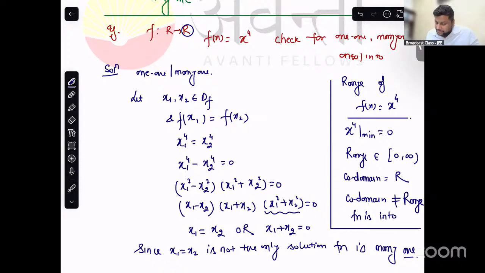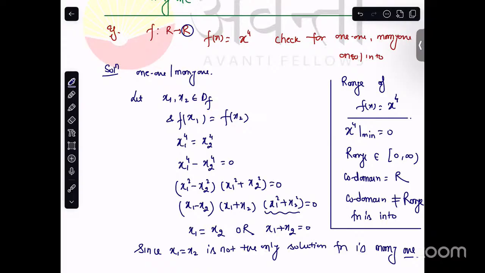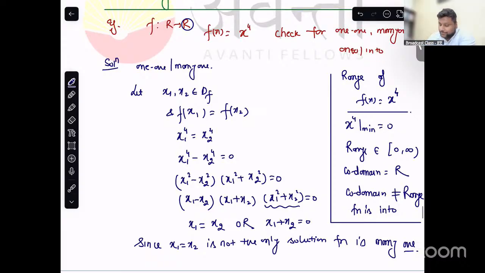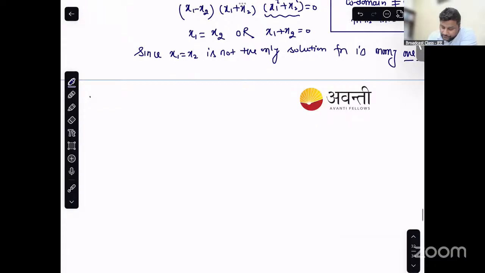Am I correct? Have I made my point clear? Yes, sir. So this is one way of checking if a function is one-one or many-one, and onto or into. Now, method 2.